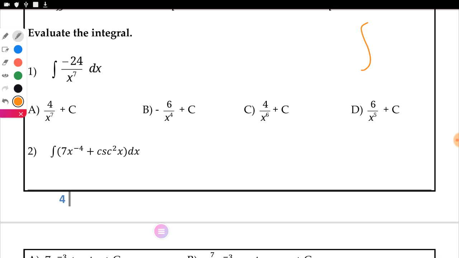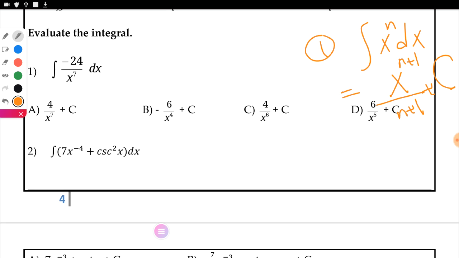To integrate x to the power n, that is called the power rule of integration, with respect to x, your answer is to increase the exponent by 1, then divide by the new exponent, plus the constant of integration. That is the first rule I'd like to remind you.